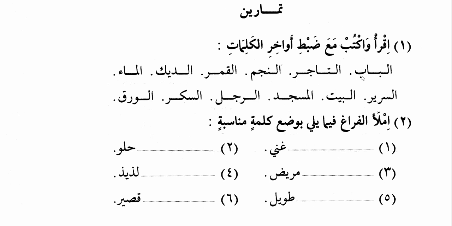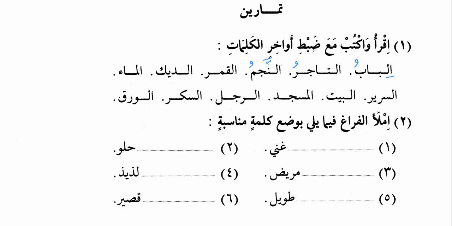Al-bab. Now you know there is no harf jar here, nothing before the noun that can bring changes on the noun. So they are always in the marfu case. Al-bab. Why a single haraka? Because of ma'rifah. At-tajiru, an-najmu. You need to put the shadda and fatha.